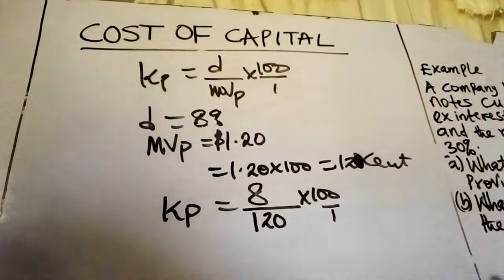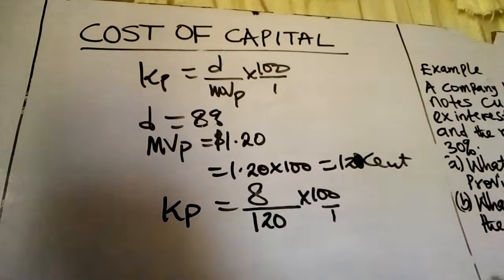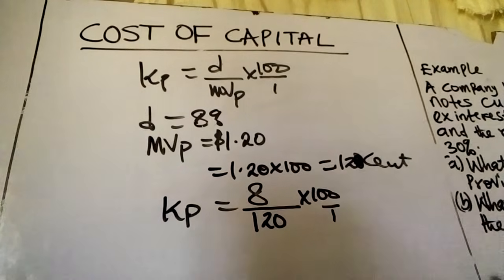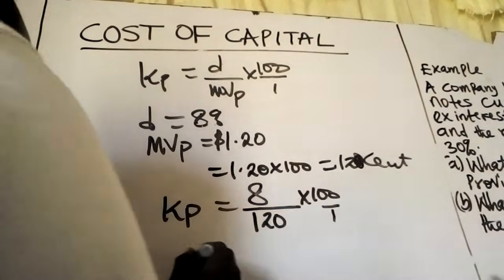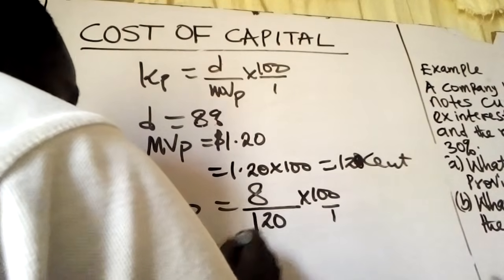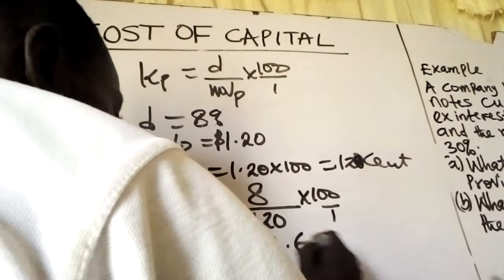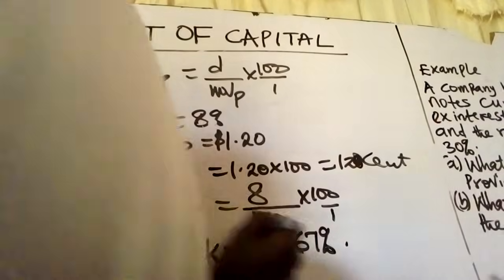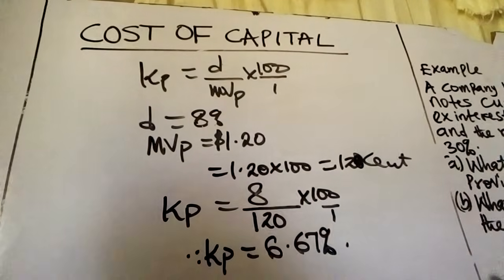So 8 times 100 divided by 120, then you have 6.67%. The cost of preference shares is 6.67%.